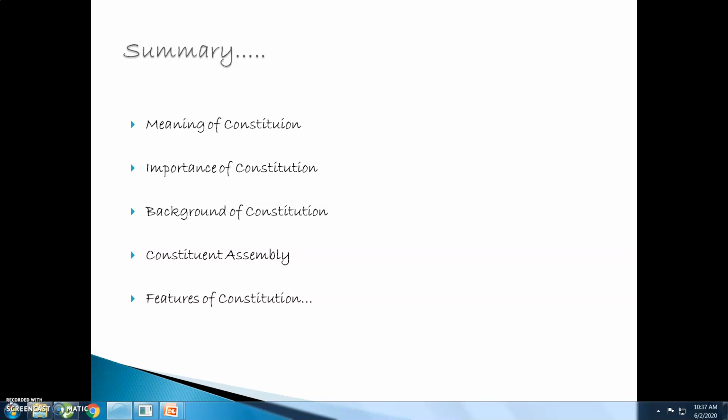And for that reason, a committee was established and that committee was termed as Constituent Assembly. The formation of the Constitution started in the year 1946 and was completed in the year 1949, and that is why on 26th of January 1950 we celebrate Republic Day, that is completely republic, completely free from the British power.